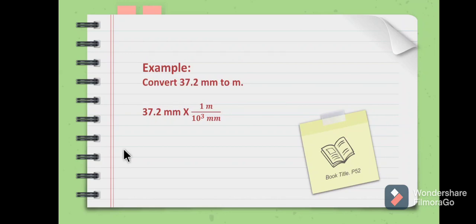Because the value that we want, which is meter, will be in the numerator, and the value given, which is millimeter, will be in the denominator for us to cancel it out. So let us now cancel out the millimeter for the meter to remain.